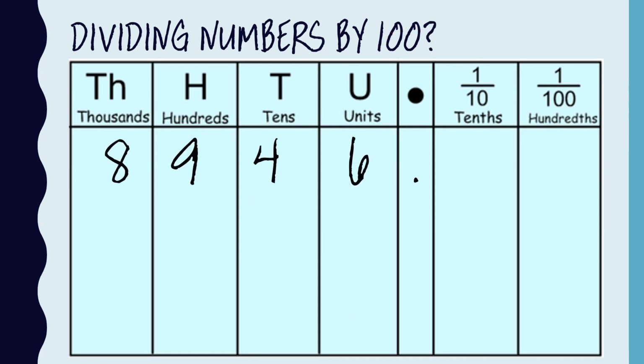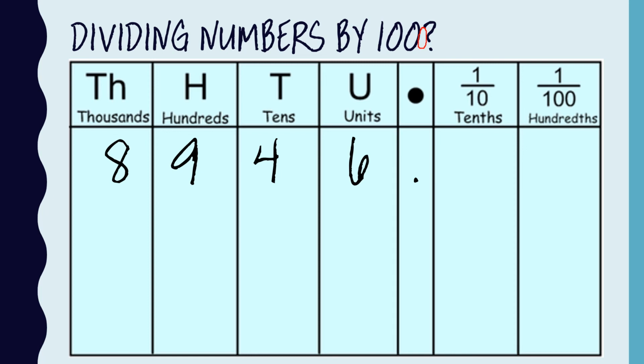Part 2. Oh, need to add a 0 in. We're still sharing by 1,000, and we've got 8,946. 8,946 shared equally between 1,000 people. So remember, 1 shuffle to divide by 10, another change of 10, so 10 times 10 is 100, 2 shuffles.